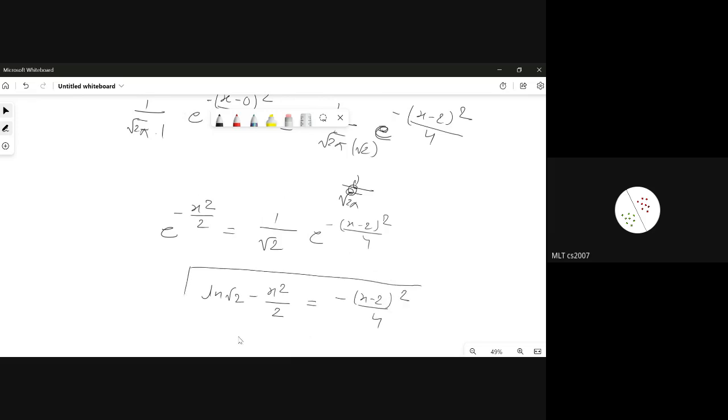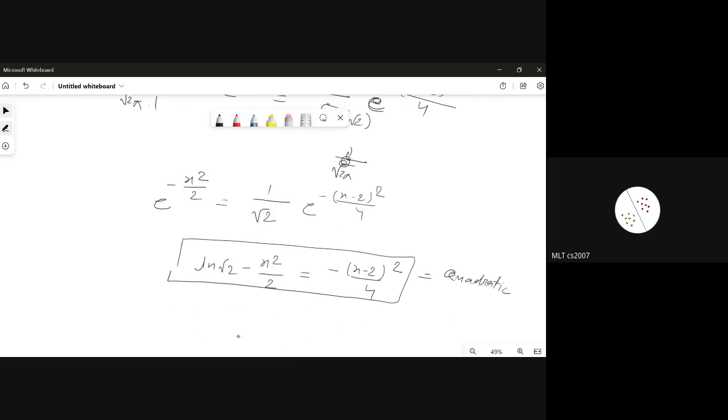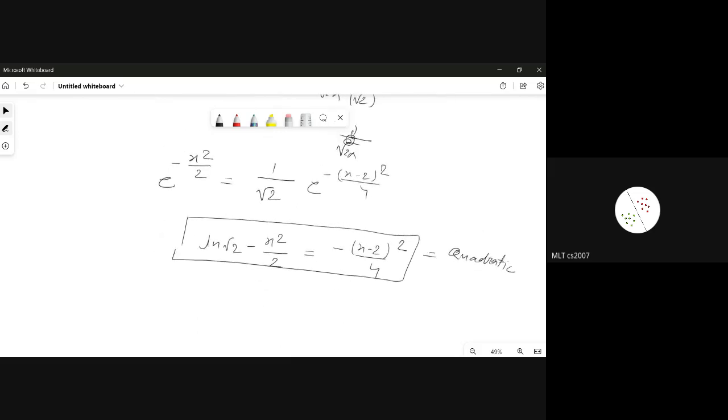So this is your decision boundary, and you can see this is a quadratic decision boundary because your sigma was different in this case. Is this the correct answer? You just check; I may have made a calculation mistake. Otherwise, the procedure is the same.